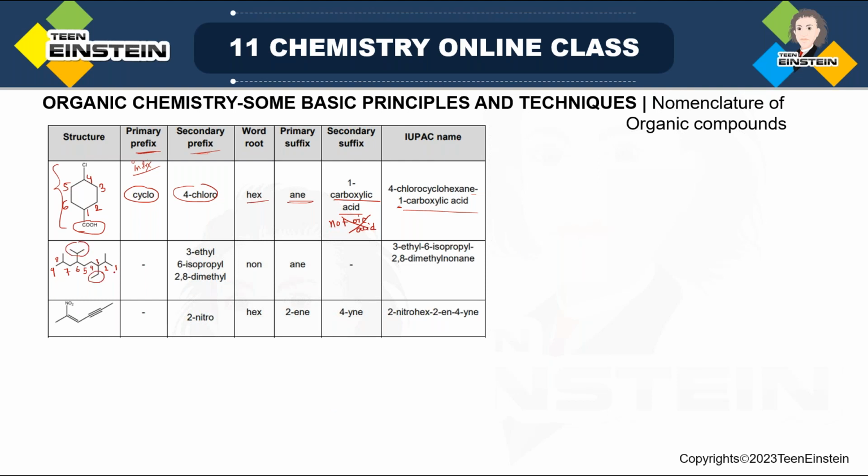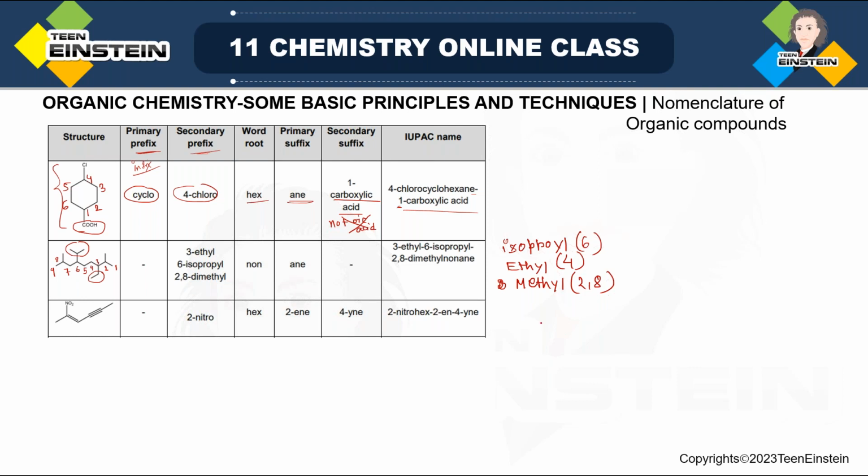At 3 position we have ethyl, isopropyl, ethyl, and at 8 position, 2 position we have methyl. Ethyl at 4, 1, 2, okay, and at 6 position there is isopropyl.